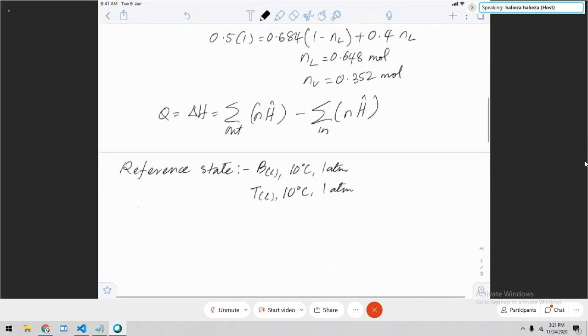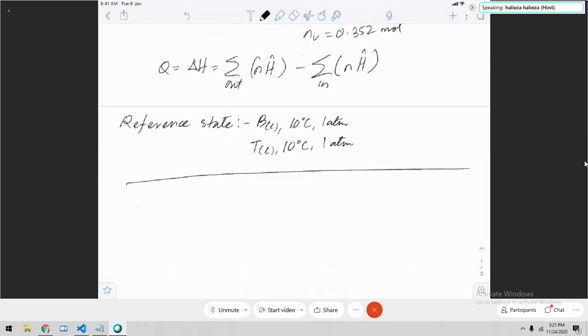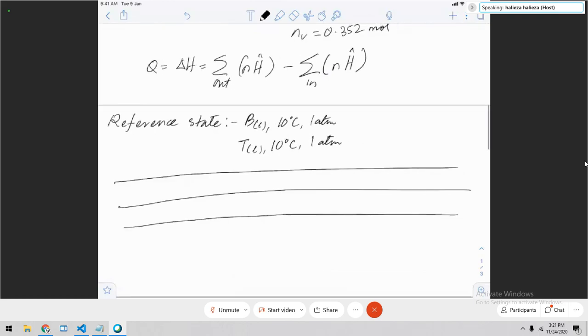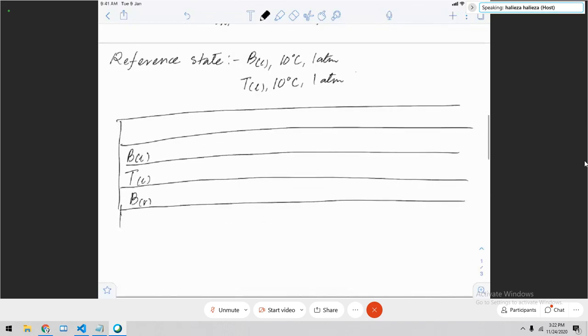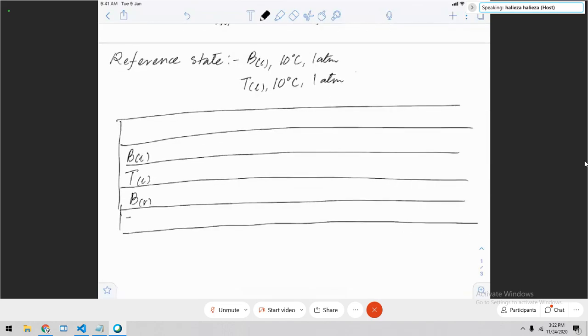Okay, so now we're going to construct our table as usual. We have benzene liquid, toluene liquid, benzene vapor, and toluene vapor.